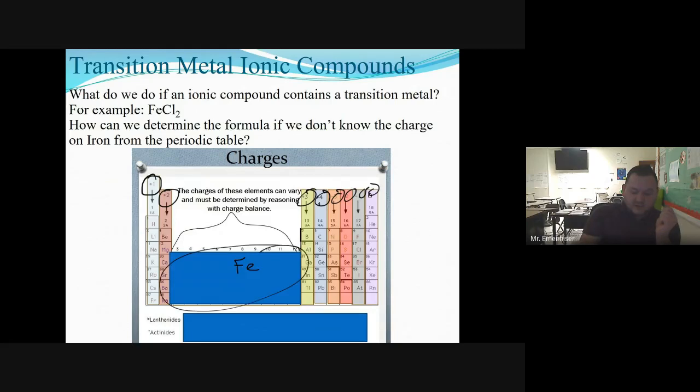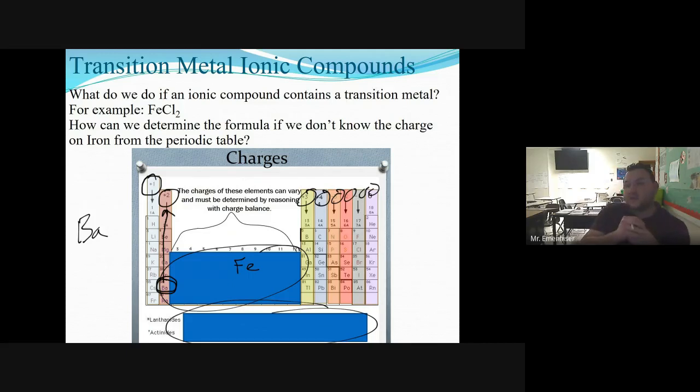And all of these guys, we have no rules or no way to determine the charge, right? Because with most of the elements that we've already done, you can look and see where they're at. If I had a compound that had barium in it, I just look for barium right there, and I say, okay, he's got a +2 charge. Easy. But what about iron? Iron's in the middle here. So what do we do with them?